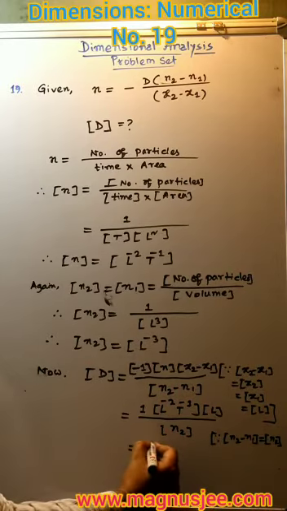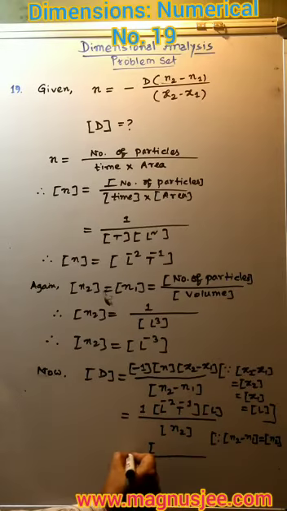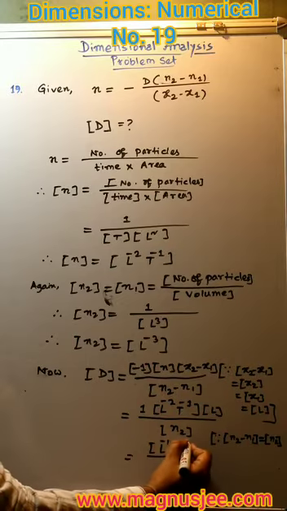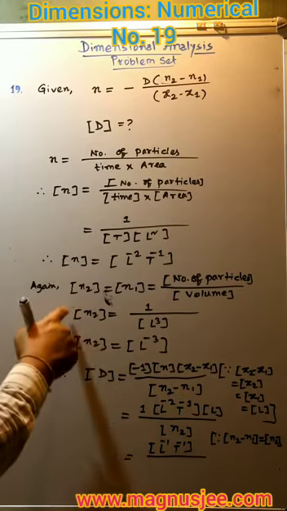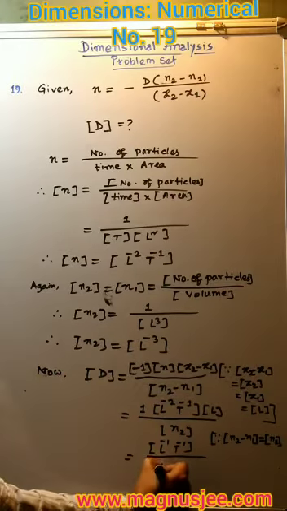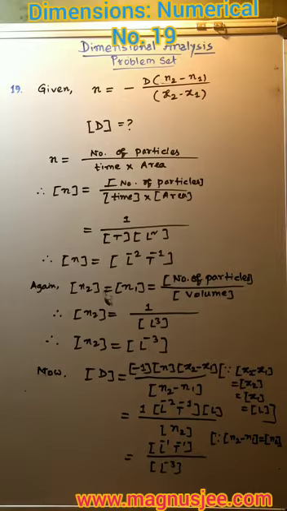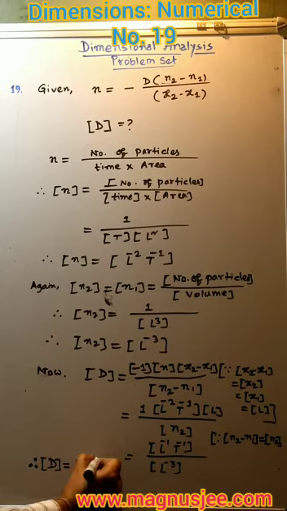So here in the numerator, if we simplify, we get L to the power minus 1, T to the power minus 1. And n2 has the dimension L to the power minus 3. So finally, we get the dimension of diffusivity or diffusion constant as L square T to the power minus 1.